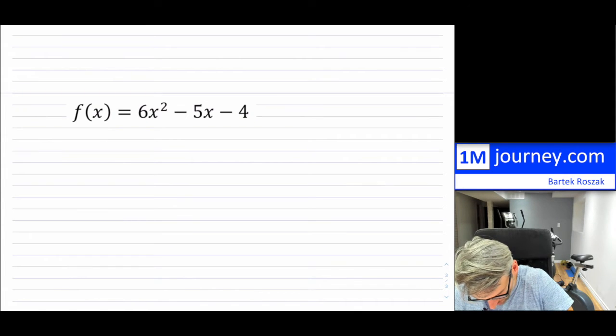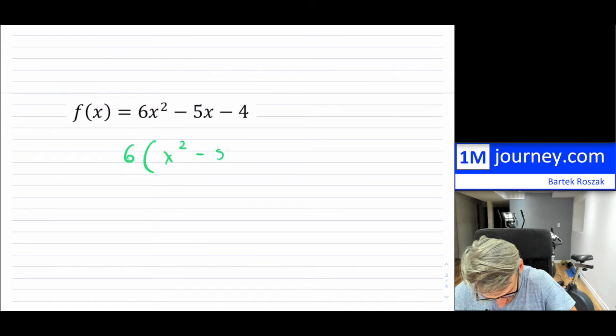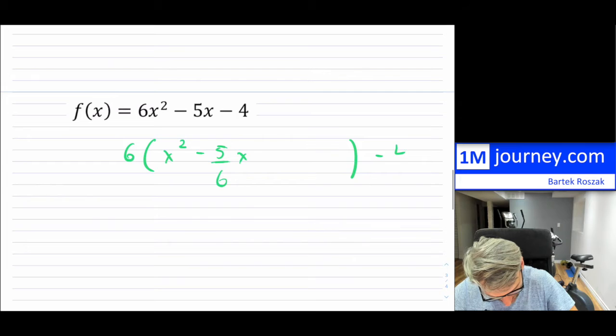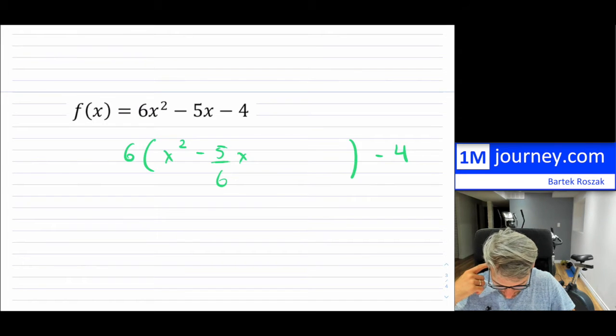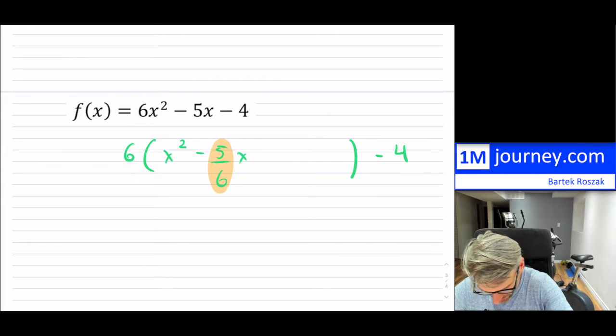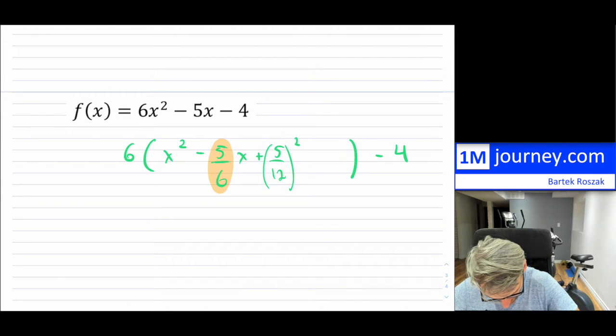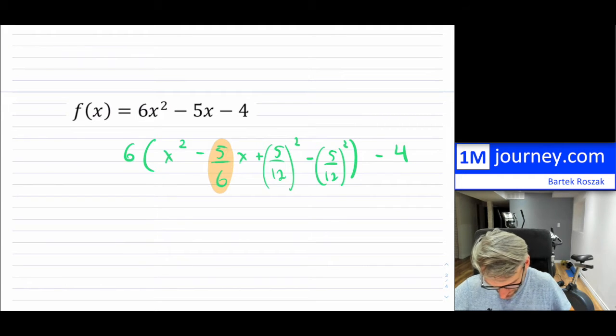So the vertex form, so let's complete the square. So let's take the 6 out of there. 6x squared minus 5 over 6x. And we got to leave the negative 4 out. So now we're going to take our value right here. So 5 over 6 divided by 2 and square it. So that's going to be 5 over 12 squared minus 5 over 12 squared.